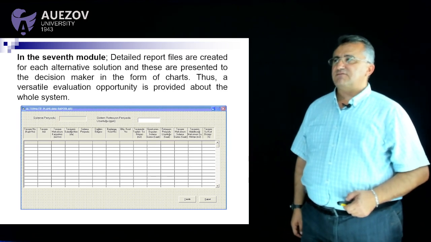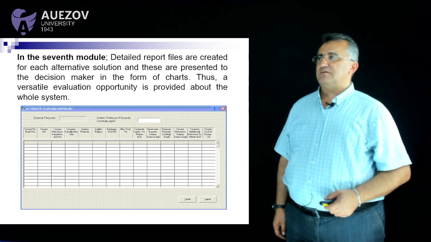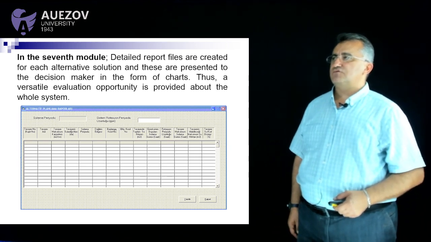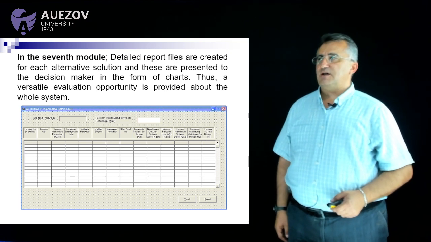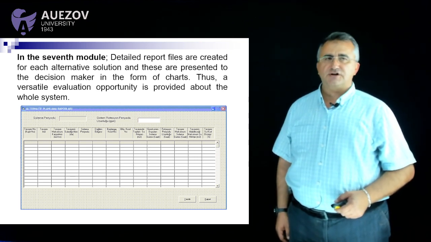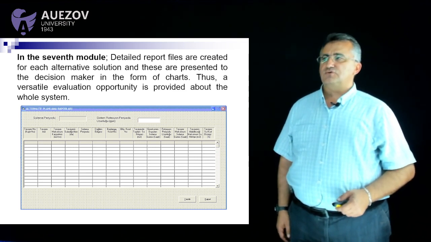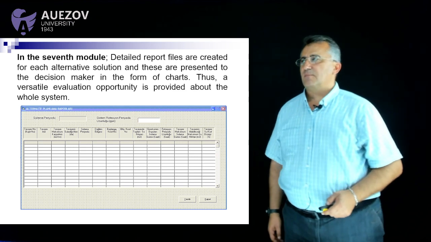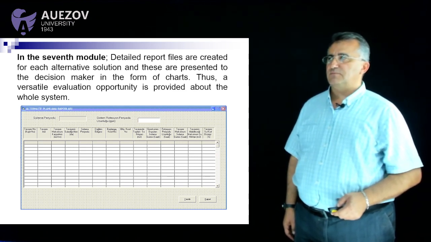In the 7th module, detailed report files are created for each alternative solution, and these are presented to the decision maker in the form of charts. Thus, a versatile evaluation opportunity is provided about the whole system. And here we can see an interface form of this module.